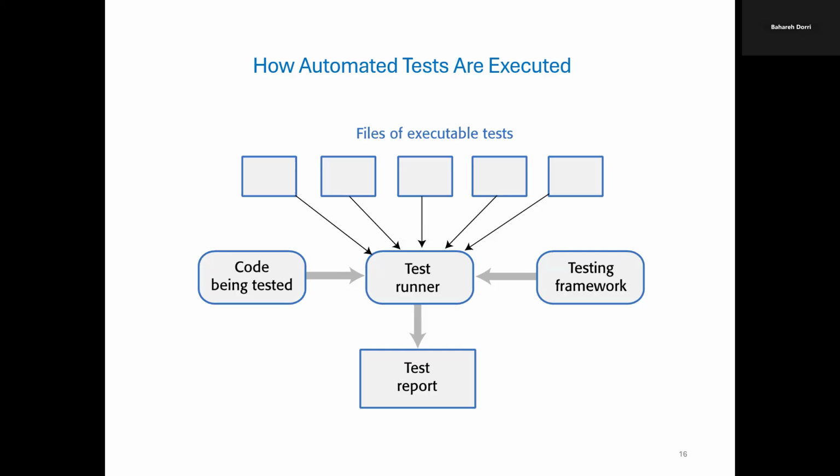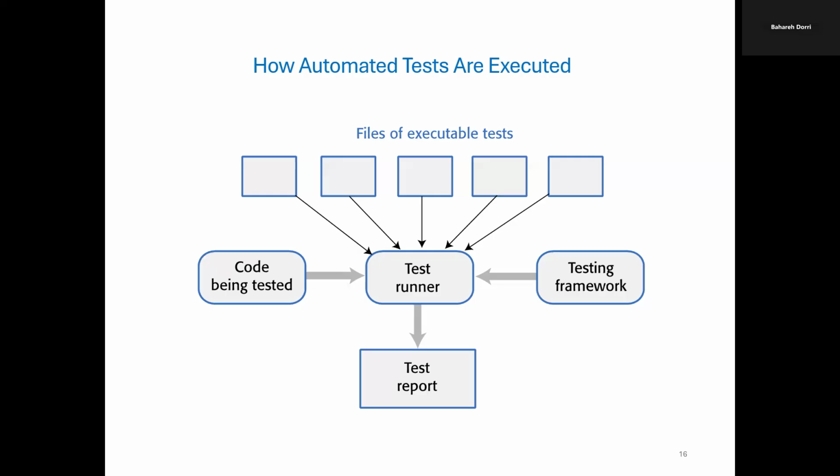Instead, we use something called a test runner. Think of it as a command center. The test runner takes each test file, runs it against your code, and uses a testing framework to handle all the behind the scene logic, like checking if your results match expectations. After all the tests are run, the test runner gives you a report. It tells you which tests passed, which failed, and sometimes even why.